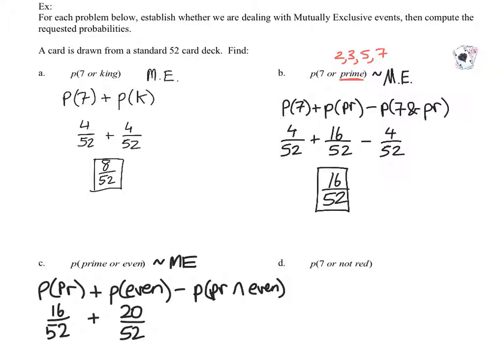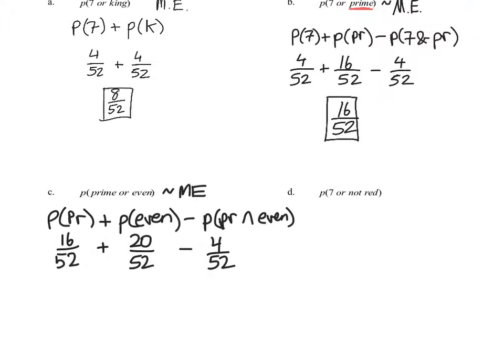All right, so that upside down U, or at least my attempt at drawing an upside down U, is a symbol for and, right, or the intersection between two sets. So how many cards in the deck are both prime and even at the same time? 4 of them. So we're looking at 32 out of 52.